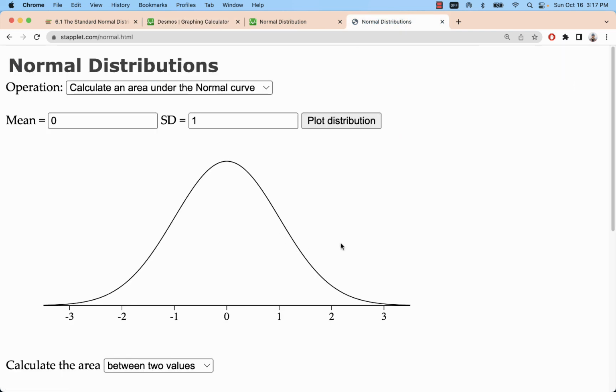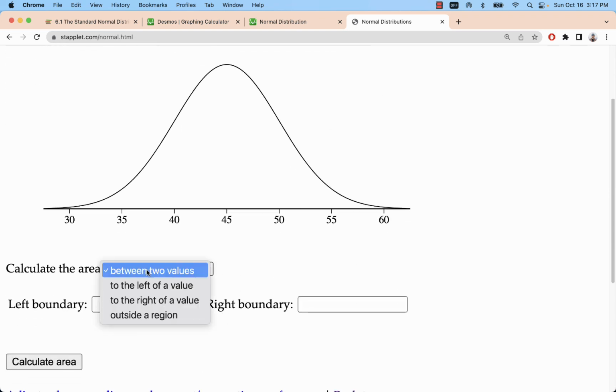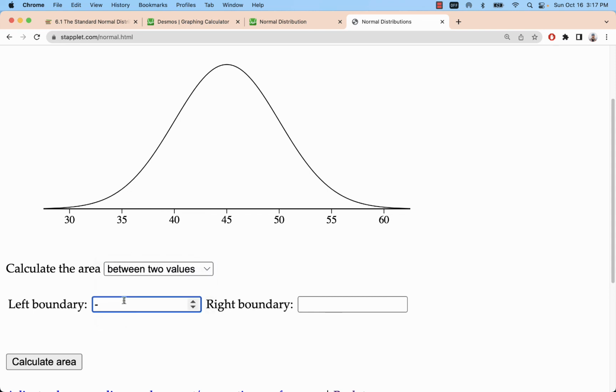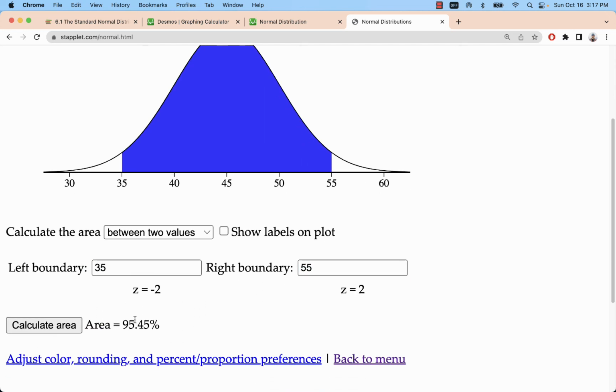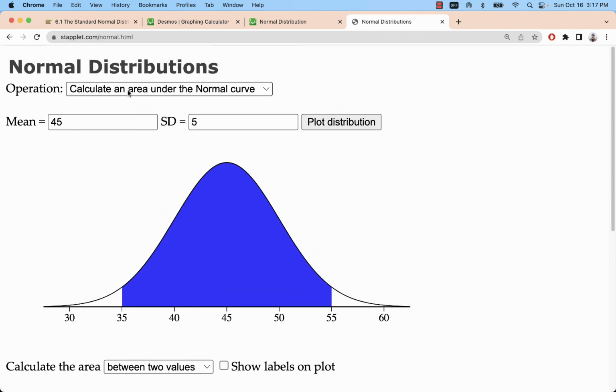And going back over to Statlet, the way I would use this is put in that mean of 45, standard deviation of 5. The x-axis is automatic, and down below is where you select what you want to do. So for example, from negative 2 to 2, or I said it would be from 35 to 55 for this problem, is that 95.45%.